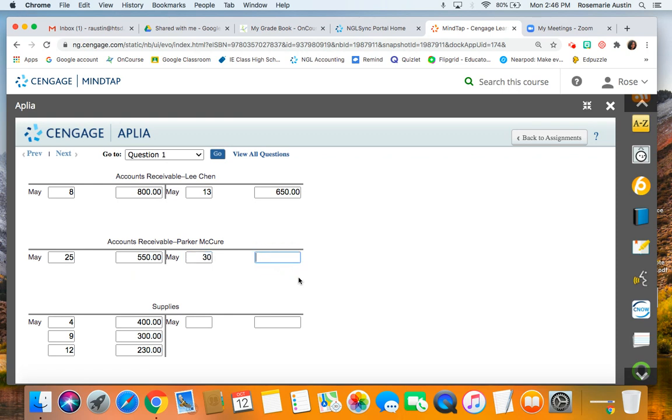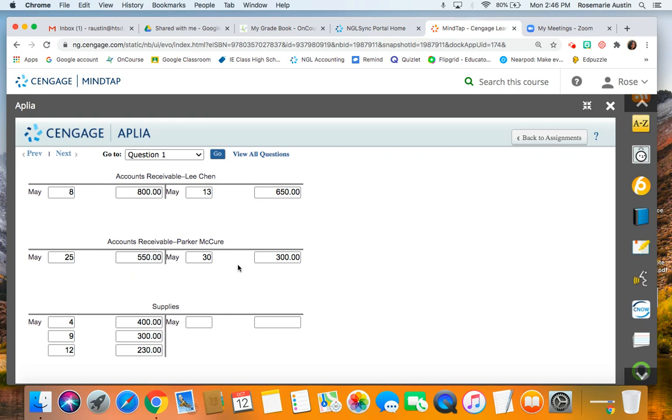May 30th, $300. And so if we look at that, accounts receivable, Parker McCure, they owed us on May 25th when we sold services on account. We set it up so that they owe us $550. So their balance went from 0 to $550. So it increases on the debit side because accounts receivable is an asset. All right, so if it increases on the debit side, it means it decreases on the credit side.